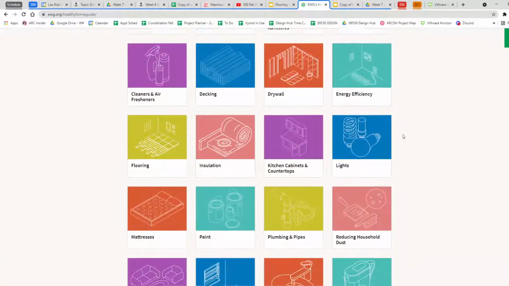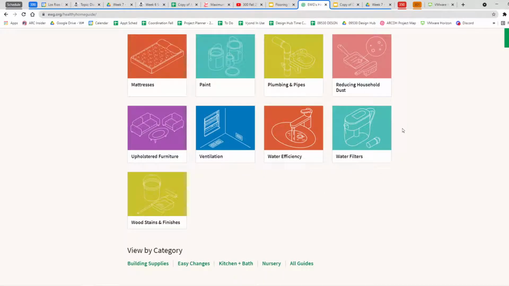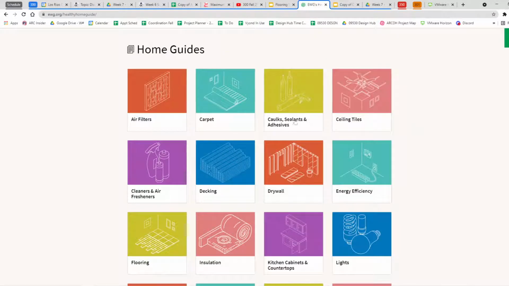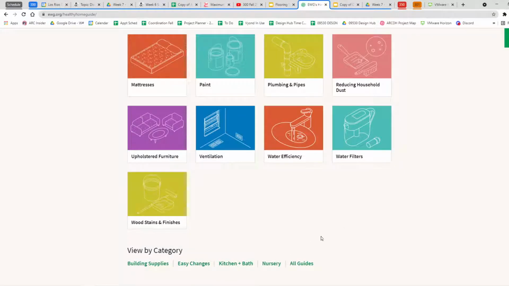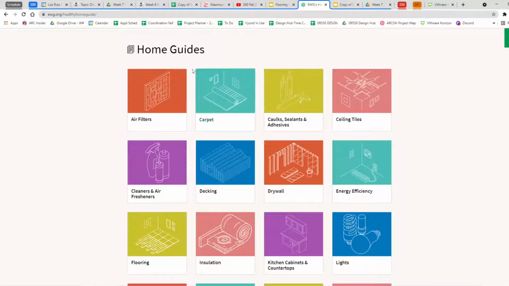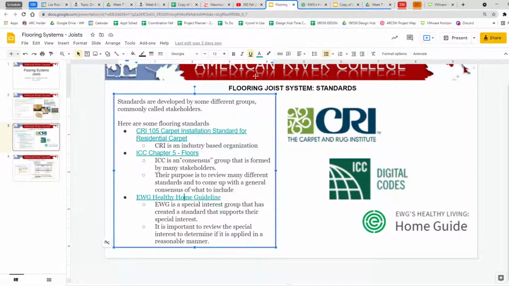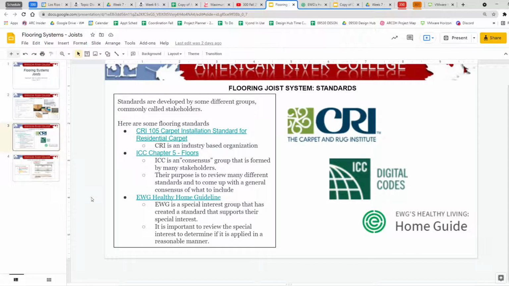So look, they've got all these ones. There's a pretty cool site in reality. If you want to look at stuff, they've got some really cool stuff, right? And it's a great resource, but you're going to have to check it and make sure that you're doing okay, that you're taking everything into account, not just formaldehyde.